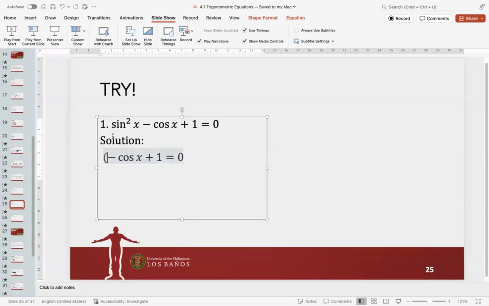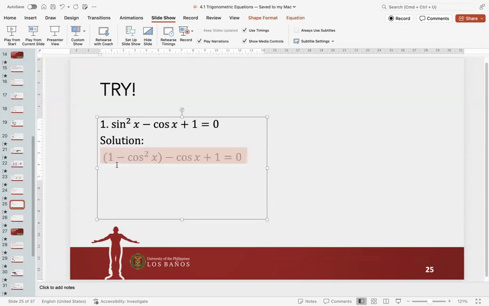So we can change this to 1 minus cosine squared x. Again, your sine squared x is equal to 1 minus cosine squared x using the Pythagorean identity.